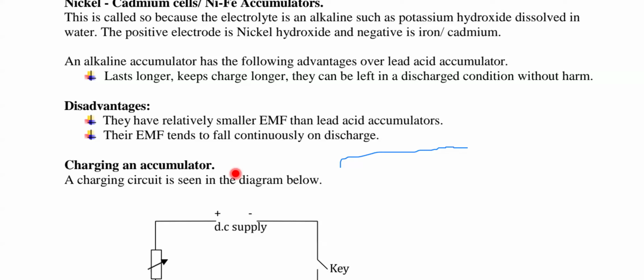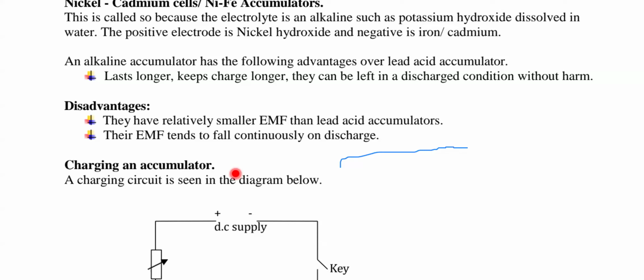Now, what are the disadvantages of using the alkaline accumulator? One of them is that it has a relatively smaller EMF, electromotive force, than the lead acid accumulator.